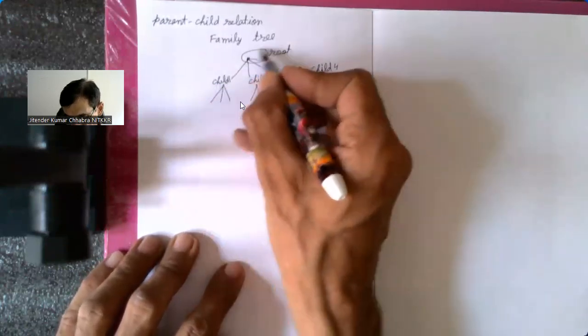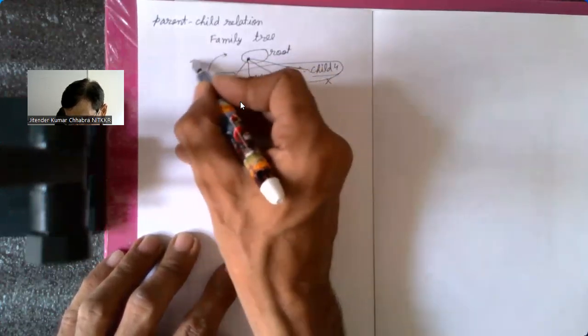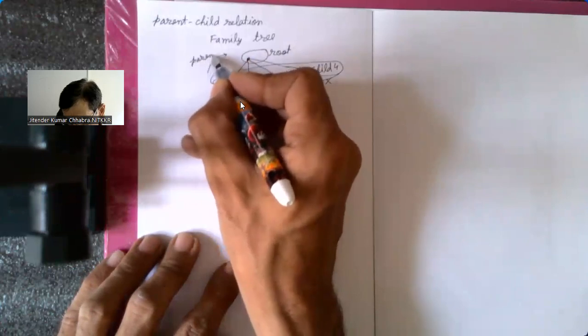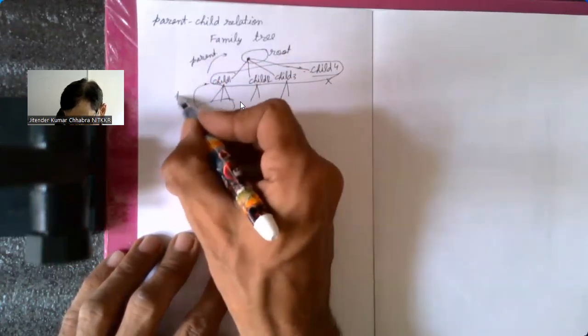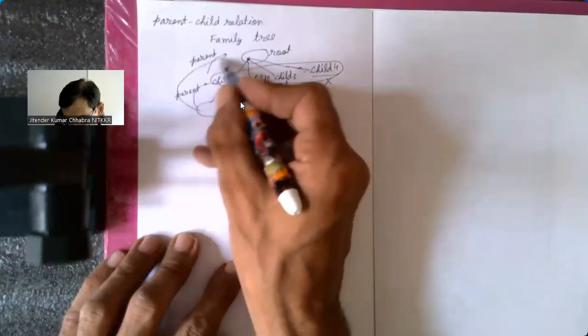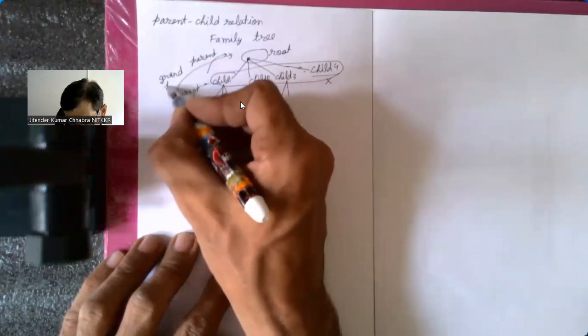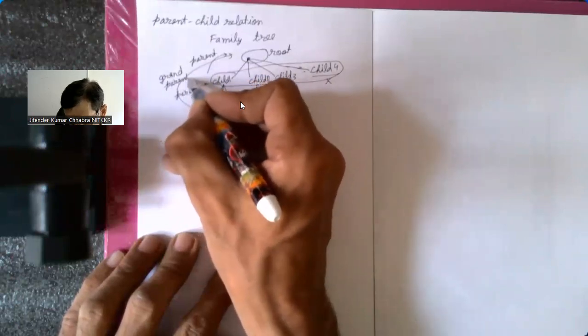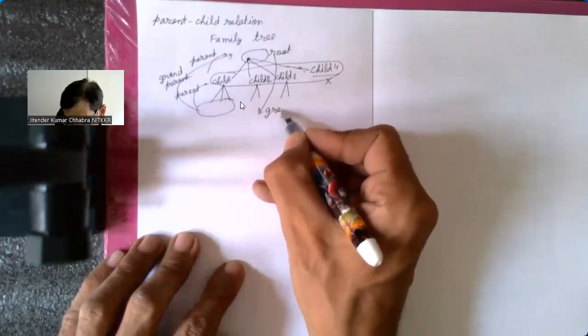So for these children, the parent is above. For these children, the parent is above. So this is their grandparent, no doubt about that. Similarly, from here, these are grandchildren.